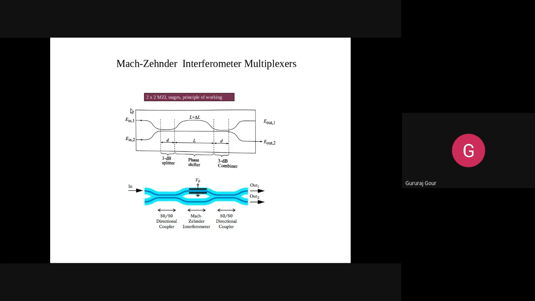So we have two input ports and two output ports. The curved ray path corresponds to the ports E in 1 and E out 1, and the straight line path of the optical ray relates to the ports E in 2 and E out 2 of the 2 by 2 MZI multiplexer.